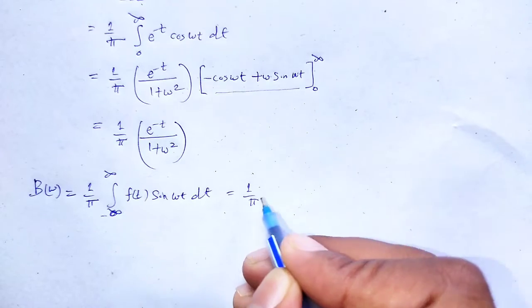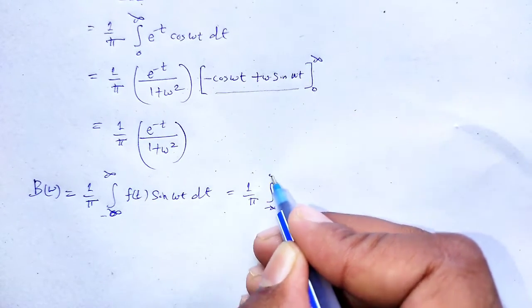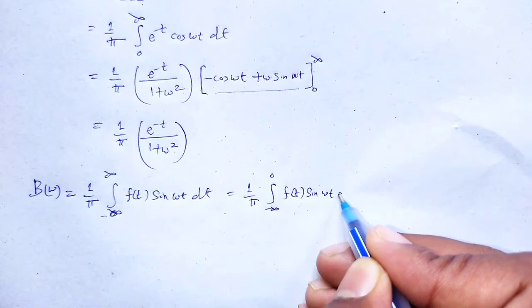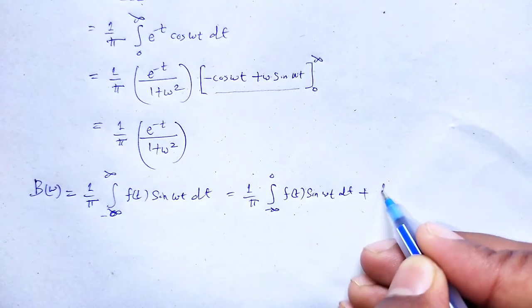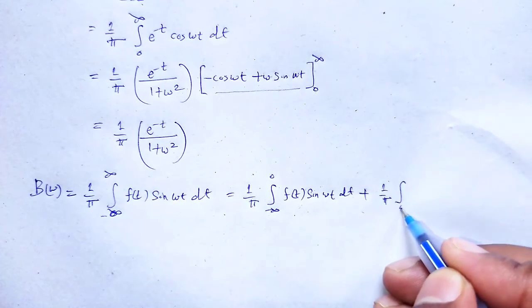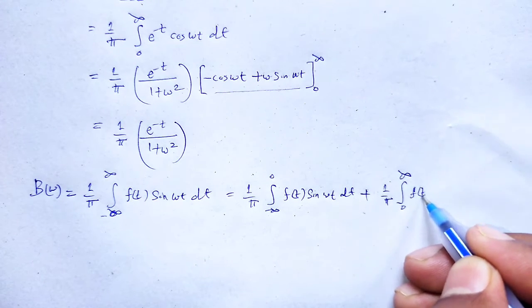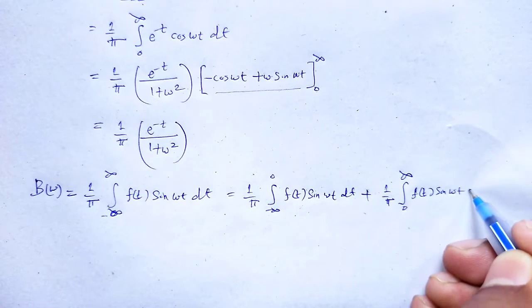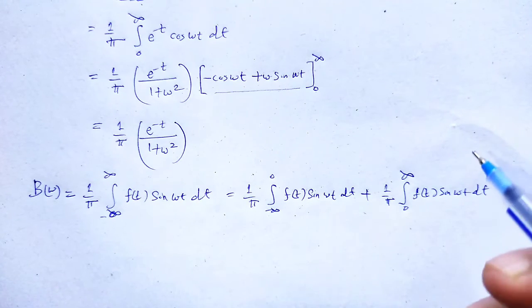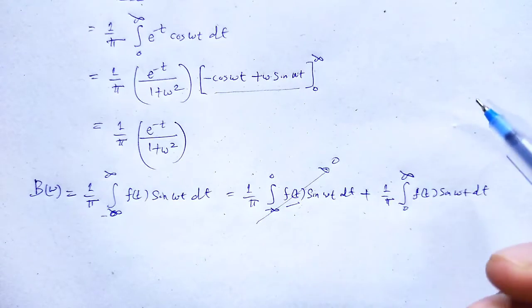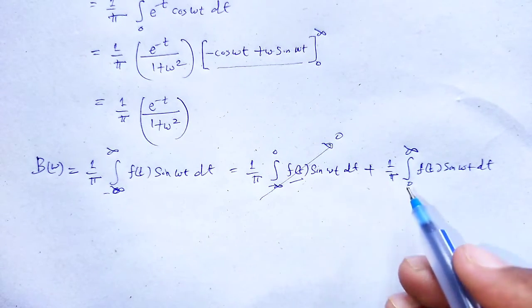So, 1 by pi integration from minus infinity to 0 of f of t sin omega t dt, plus 1 by pi integration from 0 to infinity of f of t sin omega t dt. The first integral is 0 as f of t is 0, so only the second integral contributes.